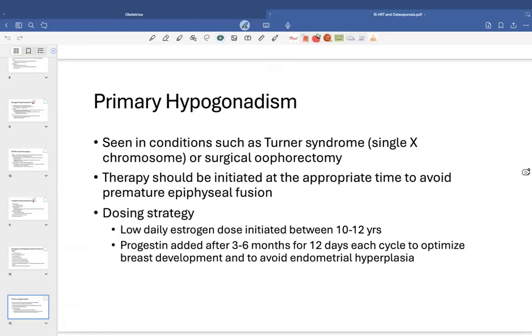This is basically a term for a number of conditions where there is insufficient development or surgical removal of the ovaries. Turner syndrome, for example, is a genetic syndrome where people who are phenotypically female carry only a single X chromosome. This is compatible with life.